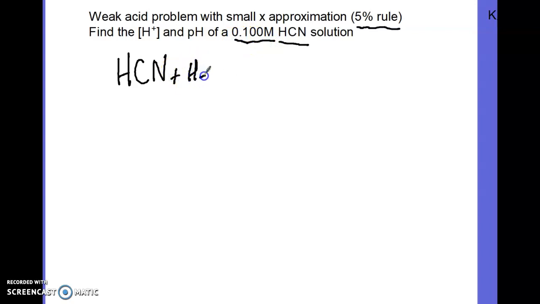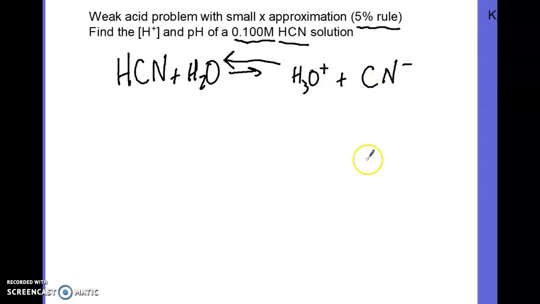It's going to be mixed with water, of course, so it's going to be aqueous. I'm not going to put the states of matter. Because it's weak, I'm going to draw it as this bigger arrow. You don't have to do that. It goes both directions. And then, of course, we're going to make H3O or H plus and our ion, okay? So what we want to find is the concentration of this H3O or the H plus.